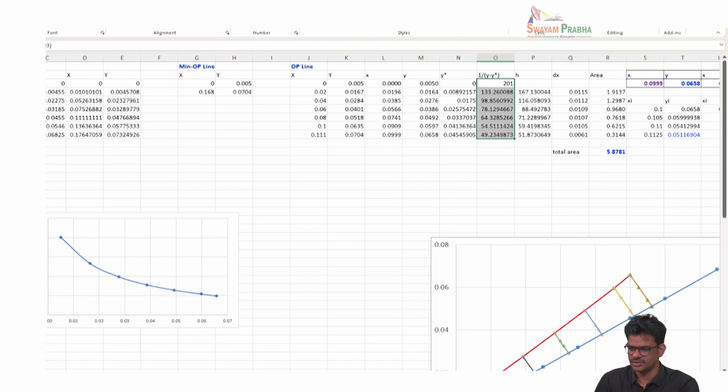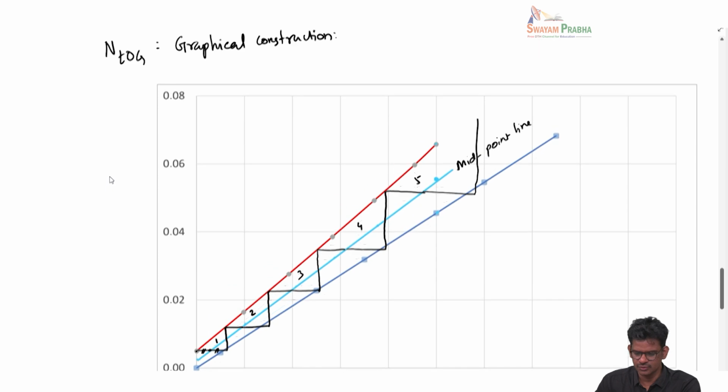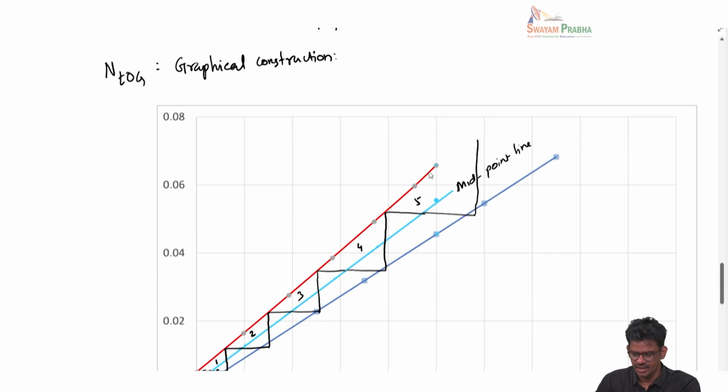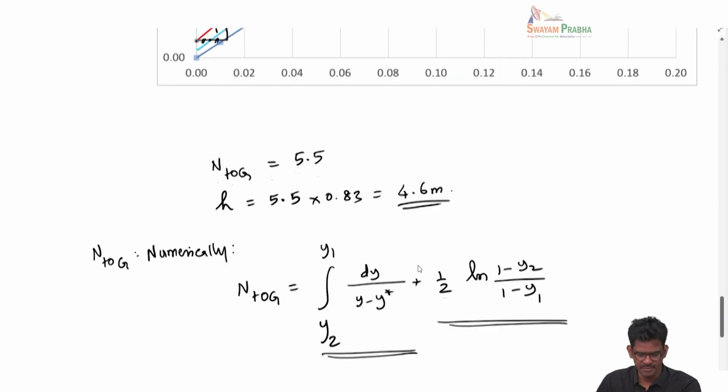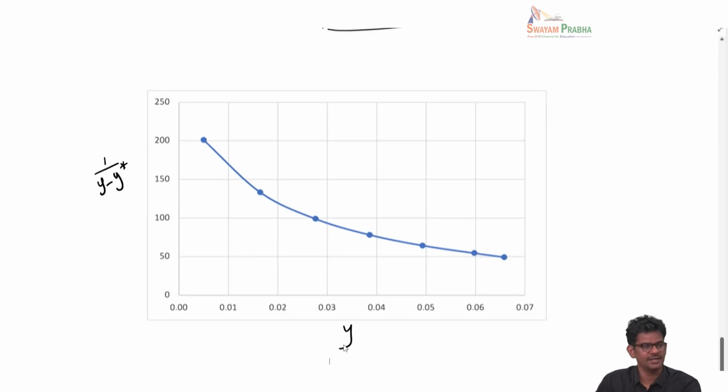So this plot I will import here. On the y axis you have 1 by y minus y star, and here we have y. The way we have constructed this diagram is to go to the operating line, choose a range of y values and correspondingly y star values, find y minus y star, take the inverse of that, and plot that on the y axis against the corresponding y.